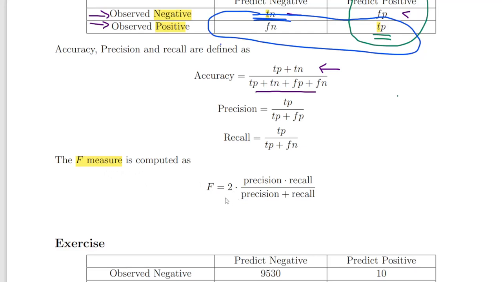This is a harmonic mean of precision and recall, if you're interested. The way we calculate it is 2 times precision times recall divided by precision plus recall.